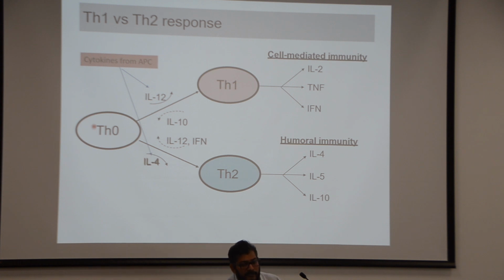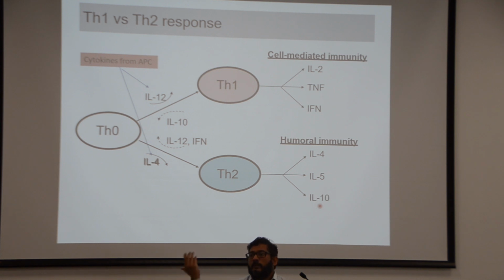If those signals are still the same, the naive cell will now become a T helper 2. And this T helper 2 starts making interleukin 4, interleukin 5, and interleukin 10. These IL-4, 5, and 10 are actually going to help B cells to go through clonal expansion as well, but more so induce the production of IgE.